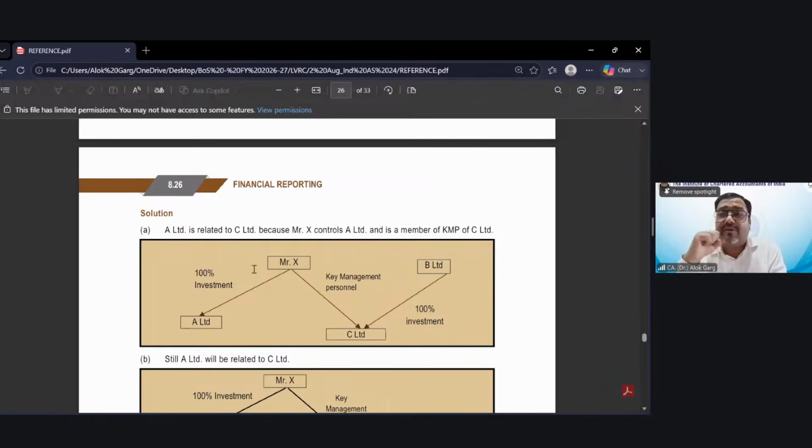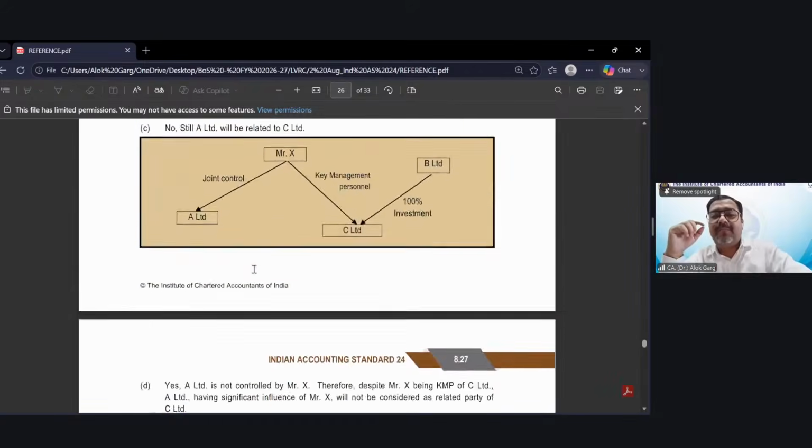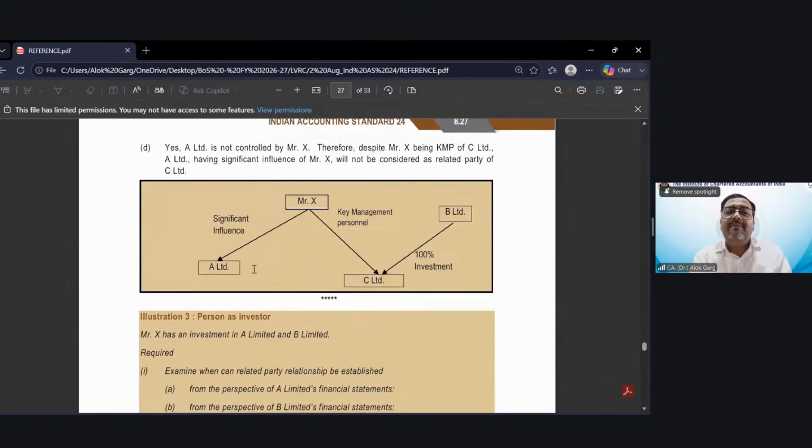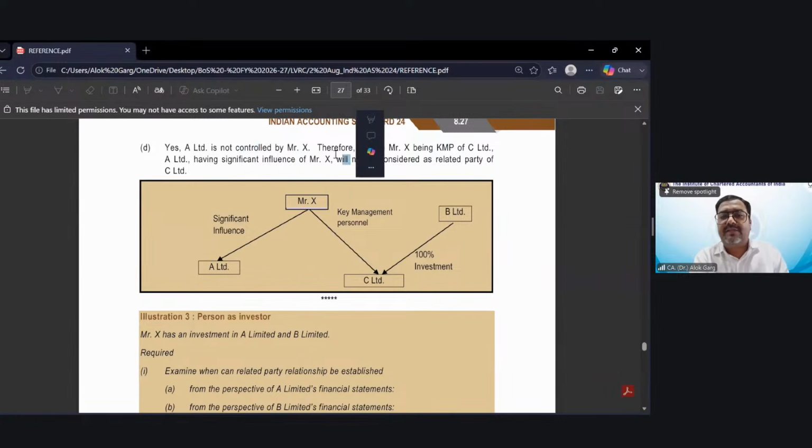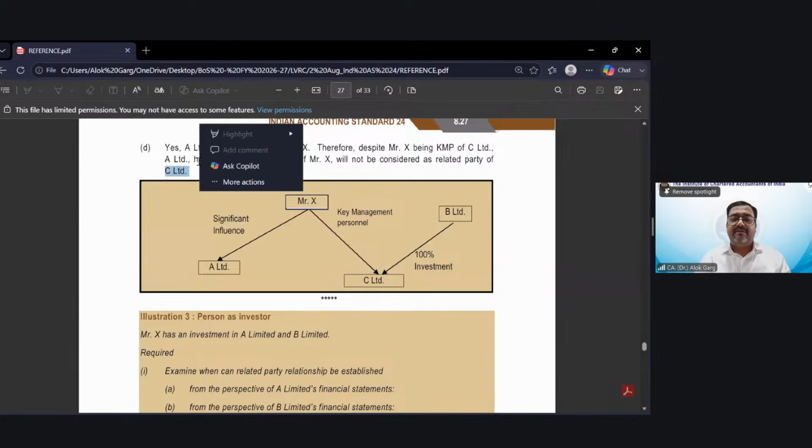I have written this in your Excel file also, right? Okay, no related party. So yes, A Limited is not controlled by Mr. X. Therefore, despite Mr. X being KMP of C Limited, A Limited having a significant influence of Mr. X will not be considered as a related party of C Limited, right?